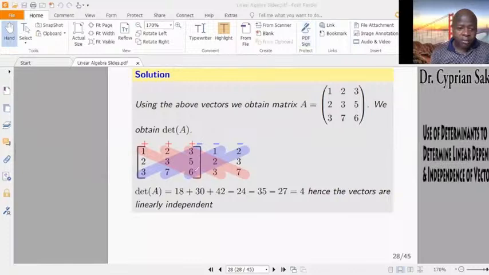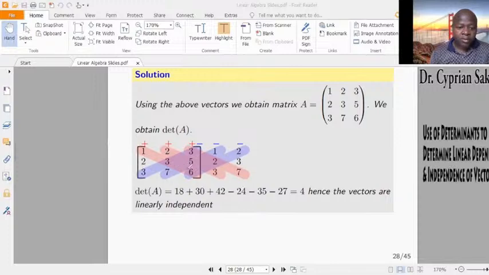So 1 times 3 times 6 gives me 18. 2 times 5 times 3 gives me 30. 3 times 2 times 7 gave me 42. And then what about 2 times 2 times 6? That gives me 24. So I subtract 24.